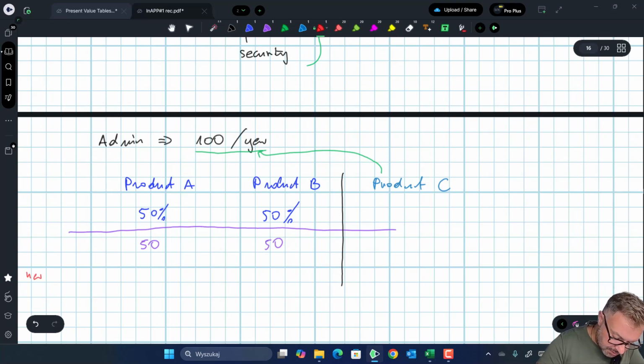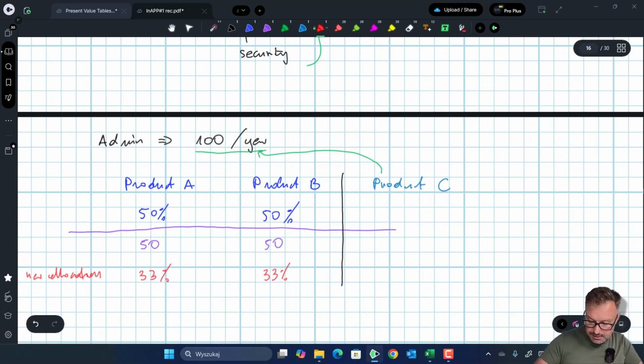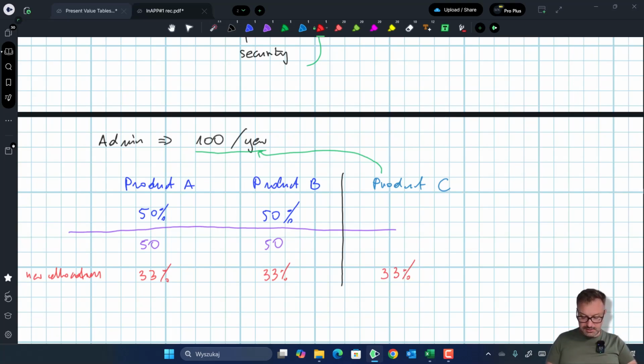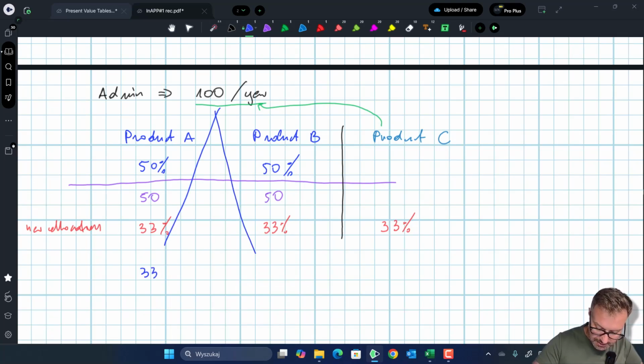The new allocation can look, for example, like this. Now there is 100 and it has to be split into 3 different products, 33% allocated to each. So this 100 now will be split into 33 product A, 33 product B, and 33 product C.